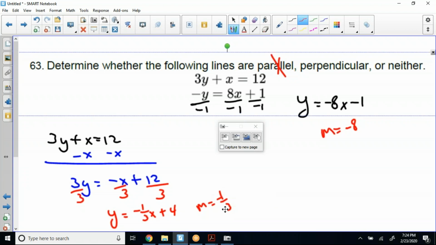The only way I get something perpendicular to that is if I had the other one be positive 3, but it's negative 8. And vice versa, if I got negative 8, then to make it perpendicular, I'd have to do positive 1/8, right? So this would actually be a neither. But 65 is probably what I'd look at. I'd make sure I could do number 65.